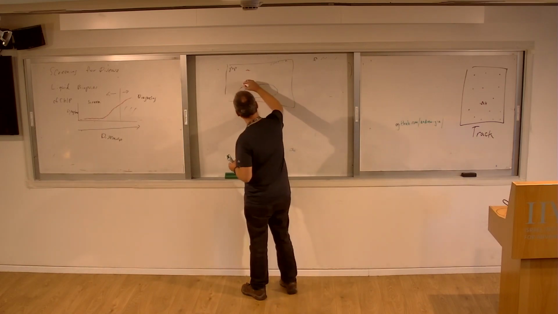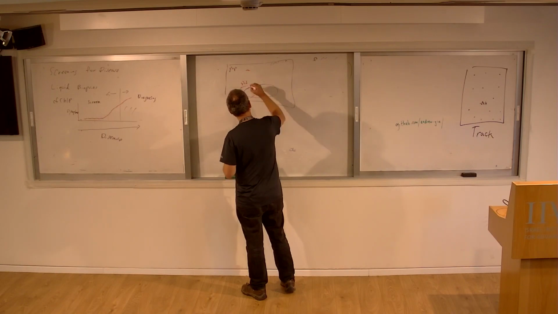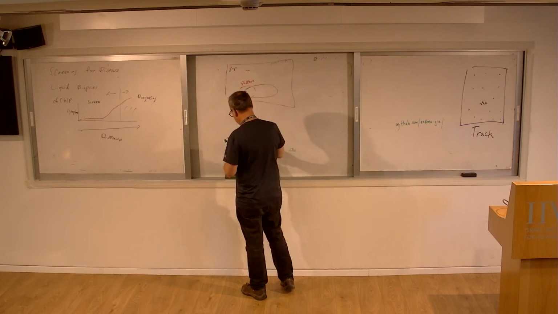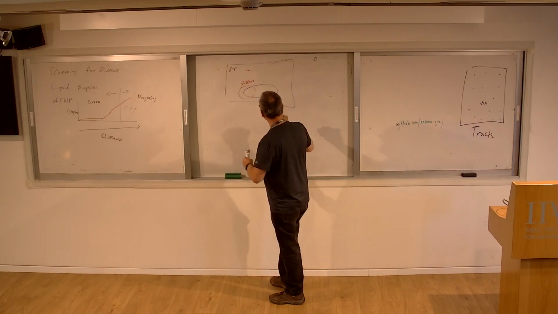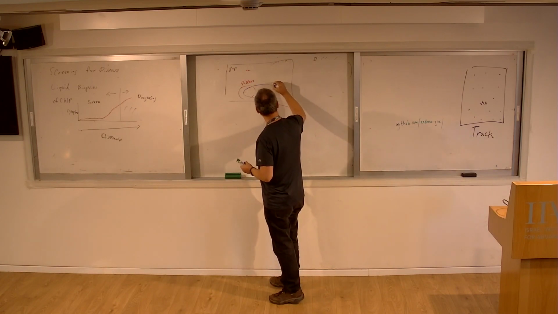Okay, but real life is somewhere like this. So this is disease, maybe it's smaller, nothing is to scale, and this is the screened population.